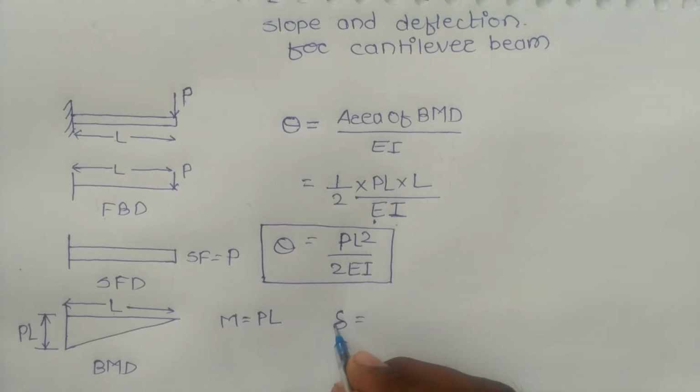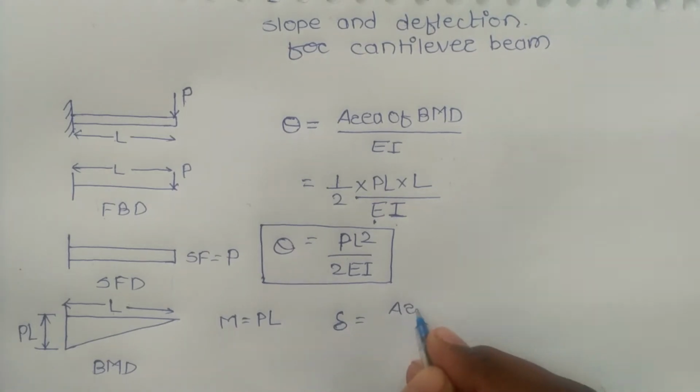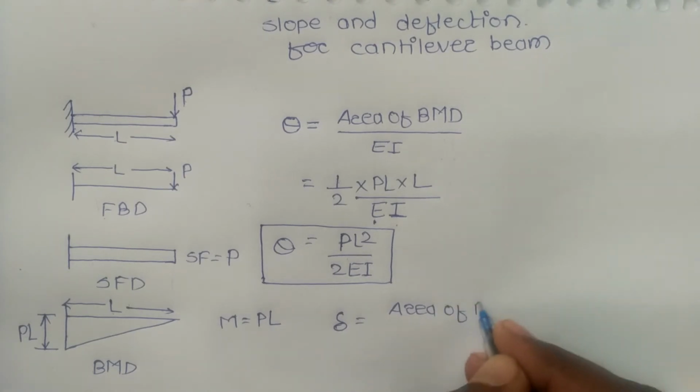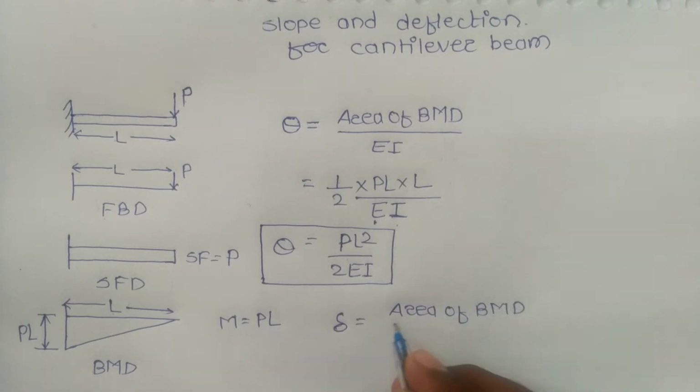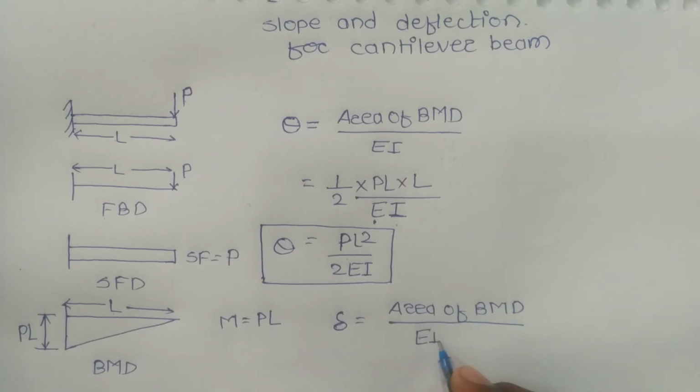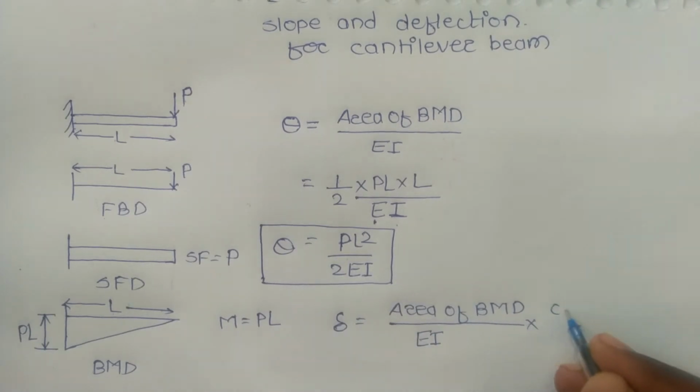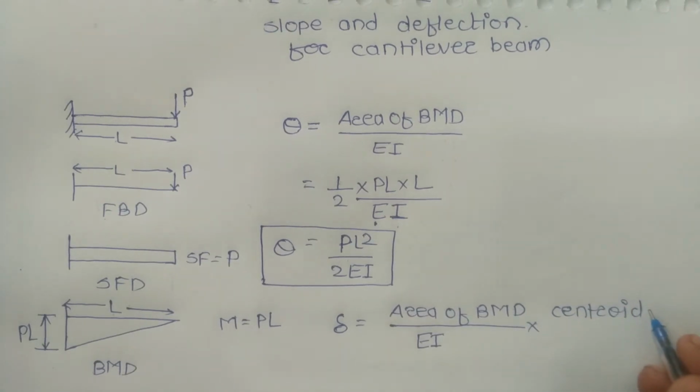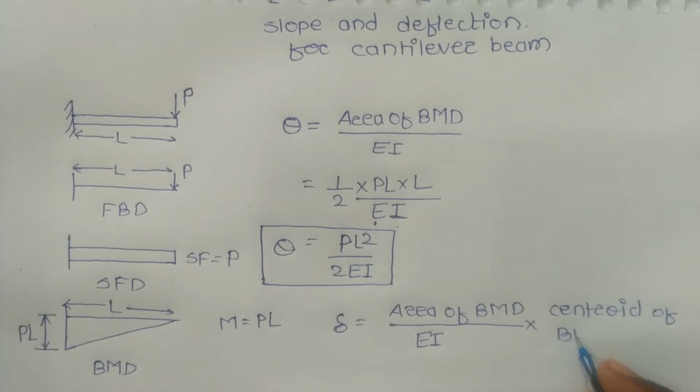So the formula is: area of bending moment diagram upon EI, into the centroid of the bending moment diagram from the free end.